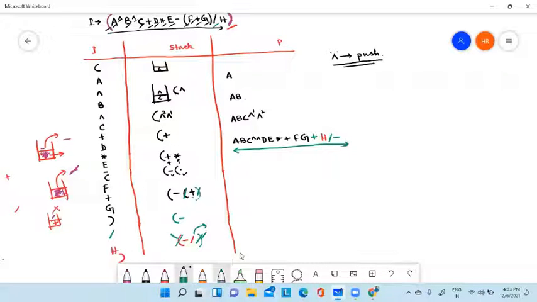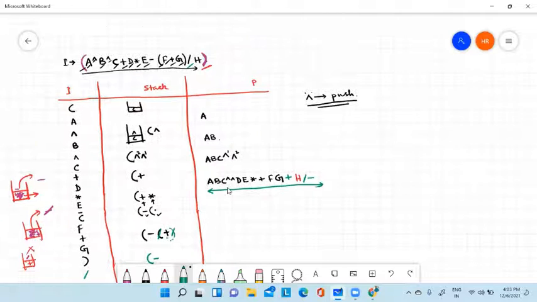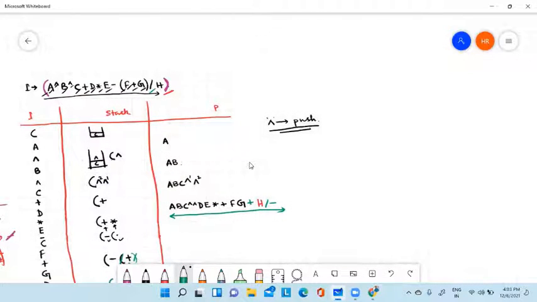Now you can check it by applying the simple BODMAS rule. Among these, what will be performed first? See, brackets have the higher precedence, so this one will be executed first, FG plus. Then what will be performed first?